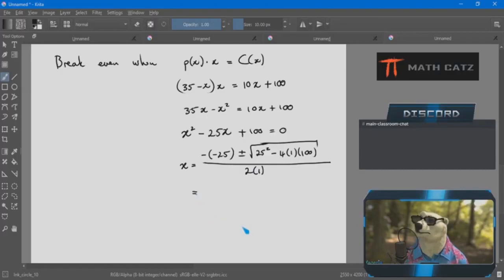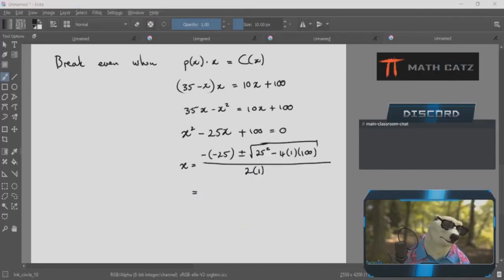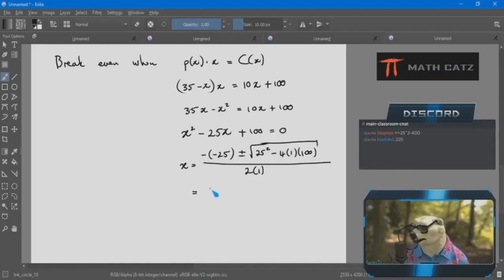Now let's see perhaps what's inside the square root. Why not? 25 squared minus 400, I can just do right away. It is 225 indeed. So I have 25 plus or minus square root of 225 over 2.